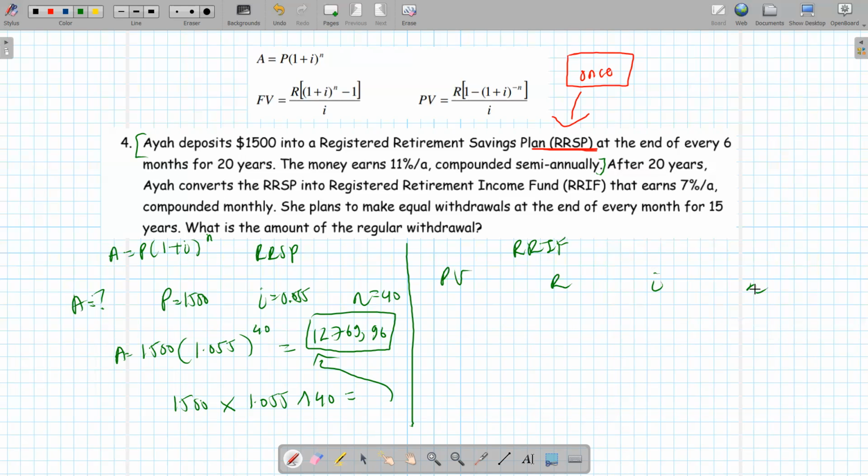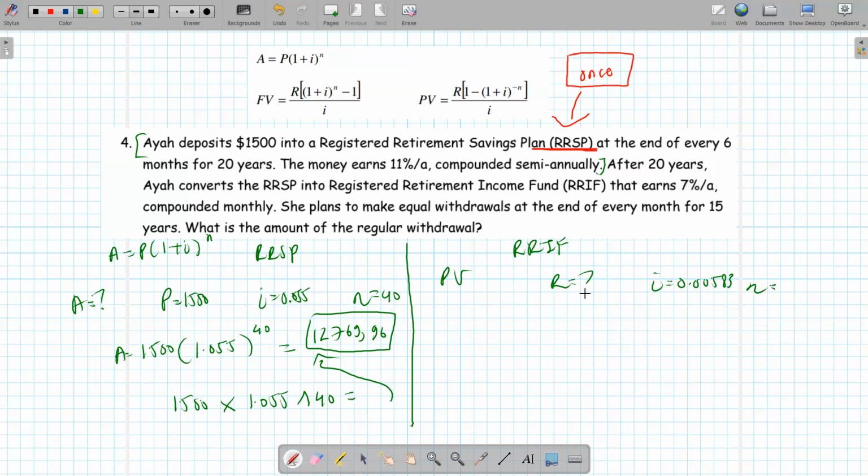Okay, what do we know here? i is 0.0058. Okay. R is the unknown.